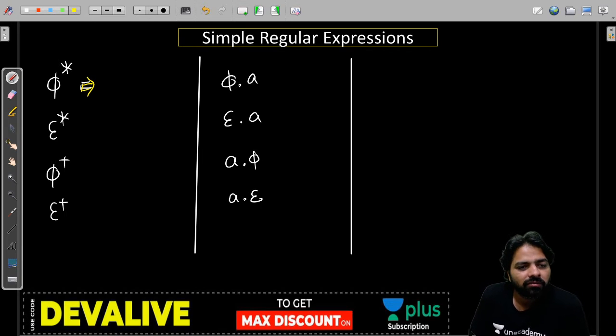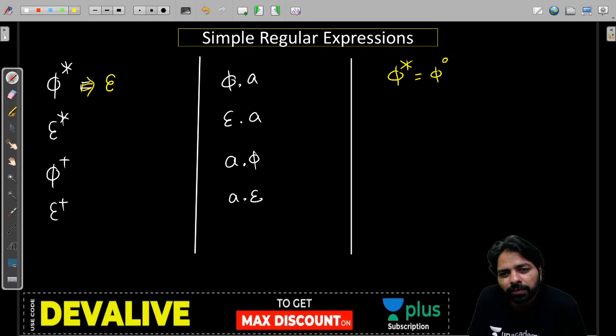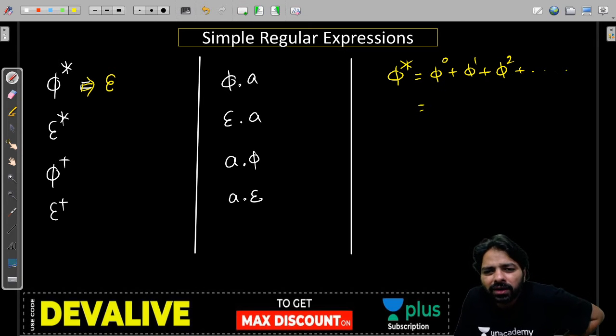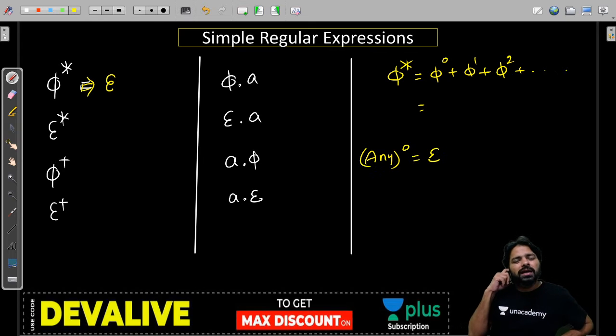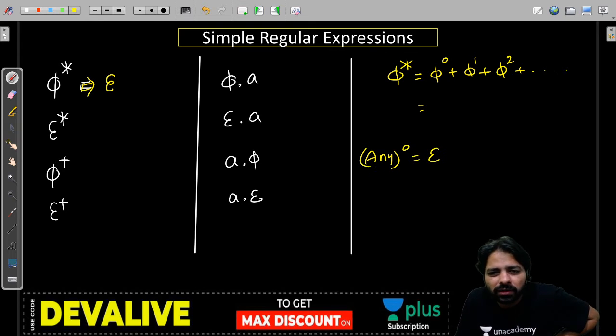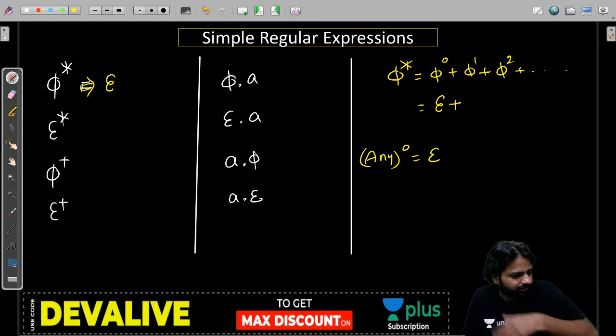Okay. Epsilon. Pi star is nothing but pi power 0, pi power 1. Most of the people have made the mistake. Pi power anything power 0. Remember that anything power 0 is epsilon in our TOC. In mathematics, anything power 0 may be 1, but here it's epsilon. Power 0 means 0 number of symbols.